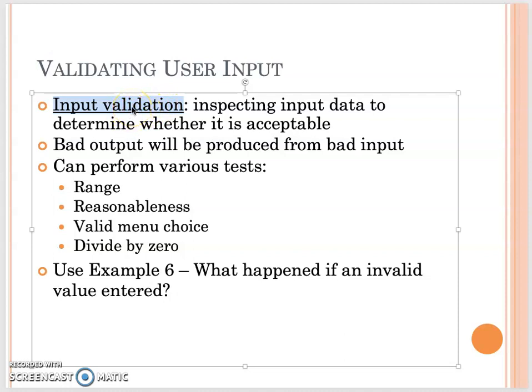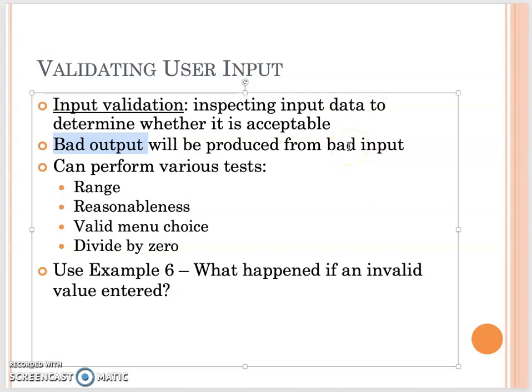With input validation, we examine the input data from the user to decide whether it is acceptable or not. Then we can continue to work on the value. Because sometimes bad input will cause the program to crash, or incorrect calculation, and bad output will be produced from bad input. Earlier we showed you an example.